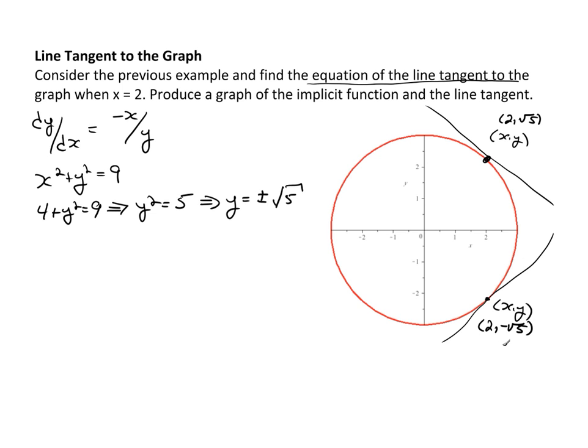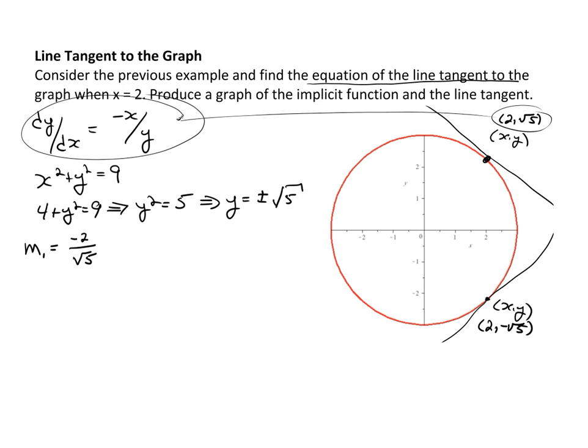So with that, I can take these coordinates, go back into the derivative, and figure out what the slope of these tangent lines are. For the first one, I'm going to call it m1. So m1 will be equal to negative 2 over the square root of 5. That's putting these coordinates right here into this.